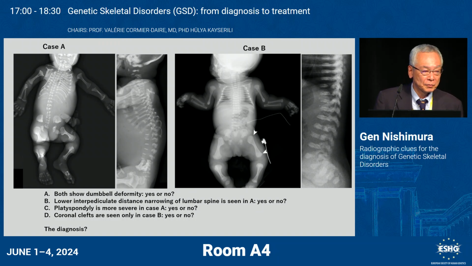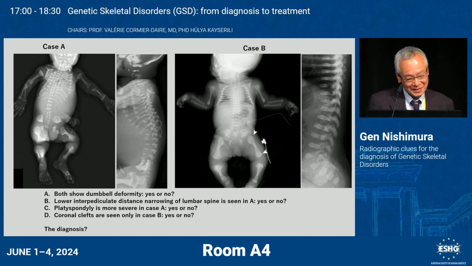This is a second question. Question A: both show dumbbell deformity? Of course, yes. Question B: lower interpedicular distance narrowing of the lumbar spine is seen in type A?